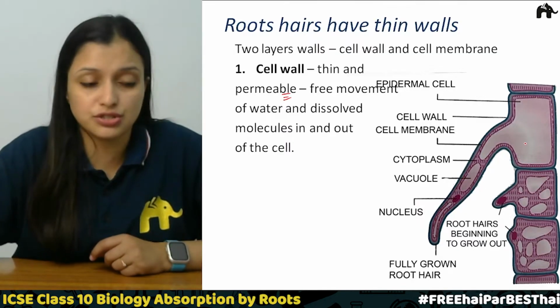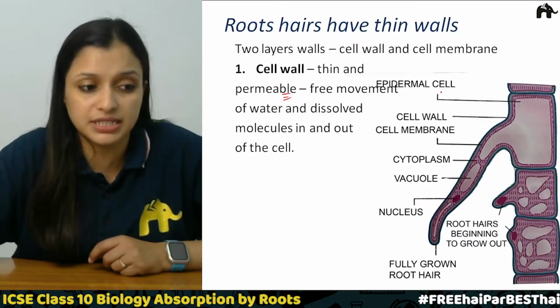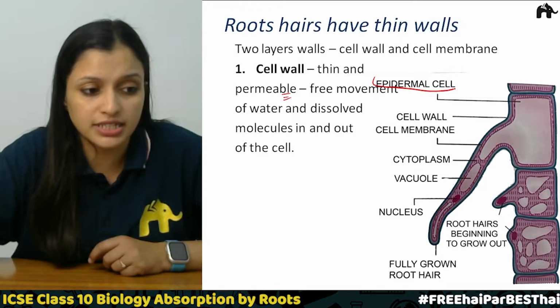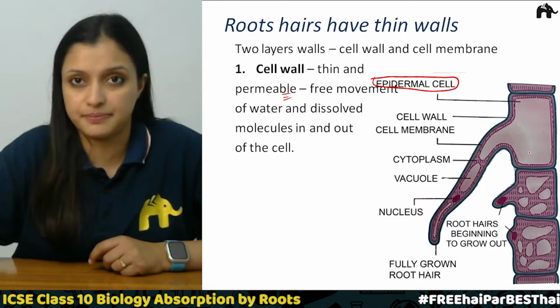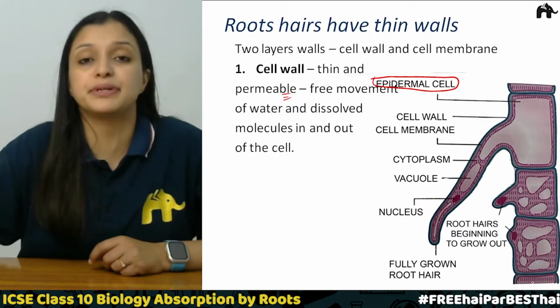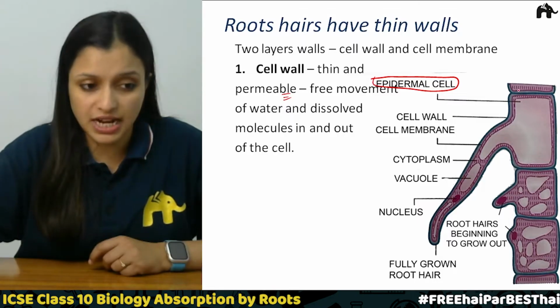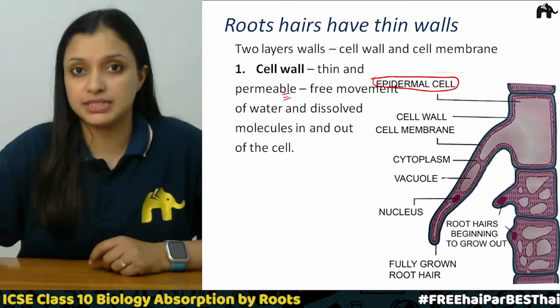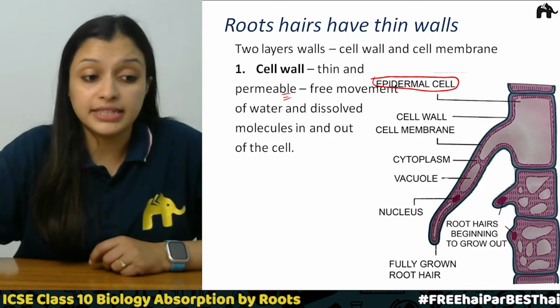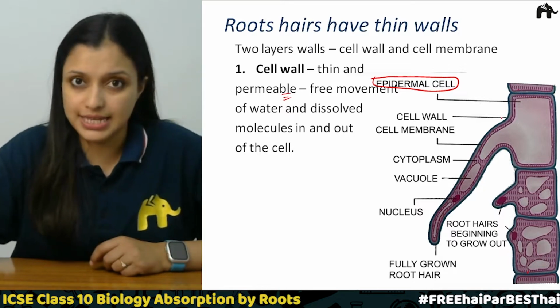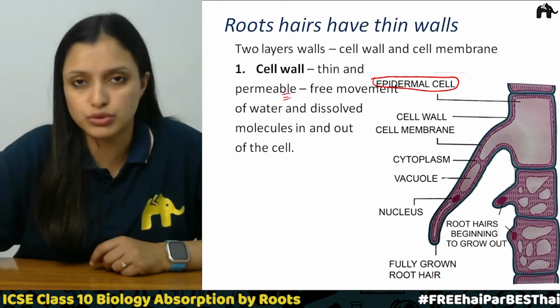So if you see this structure, this is the epidermal cell, as you can see. So what is it? It is an epidermal cell, right? These all are epidermal cells over here, starting from here, and all these are epidermal cells, right? Now in this particular cell, a fully grown root hair is shown.